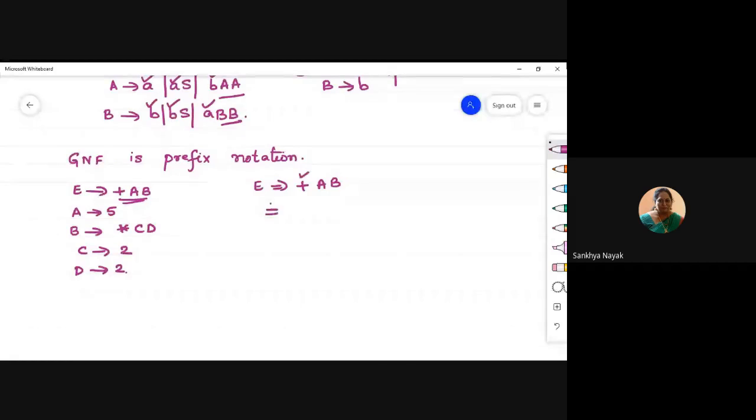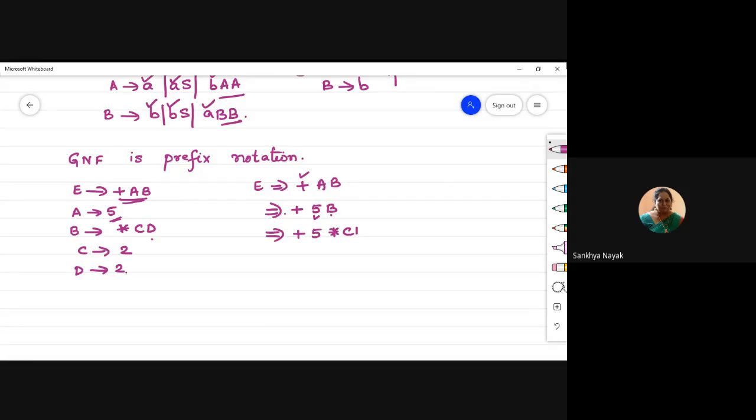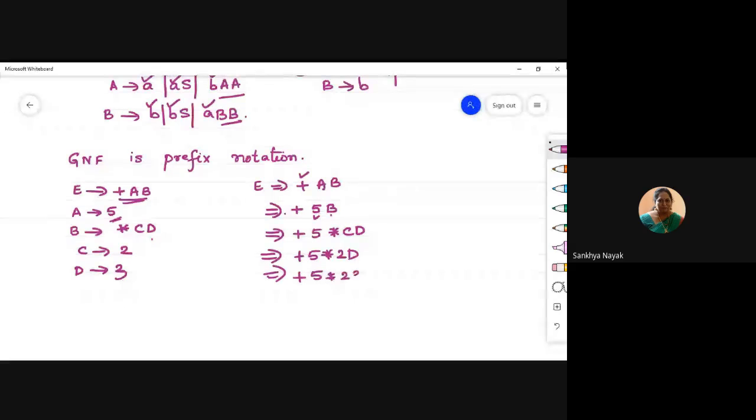One terminal symbol has been generated. Now let me replace this A with 5. So it becomes 5B. You can see one more terminal symbol is generated. Now let me replace B by star CD. So star CD, one more was generated. And then C is replaced by 2, and let us replace D by 3. So you can see at each step one terminal symbol is generated.